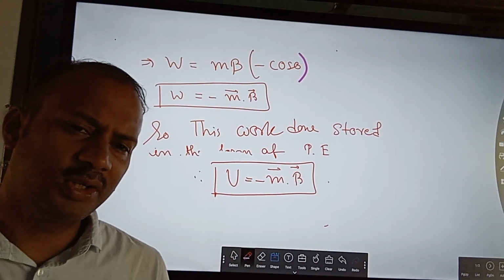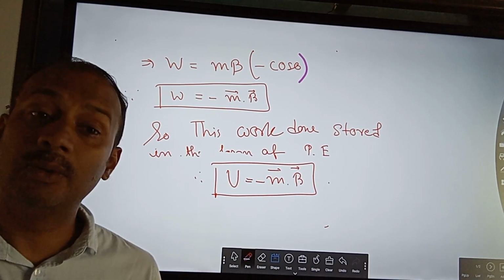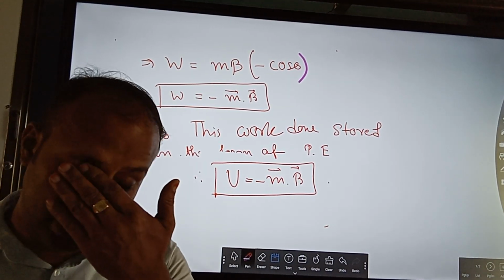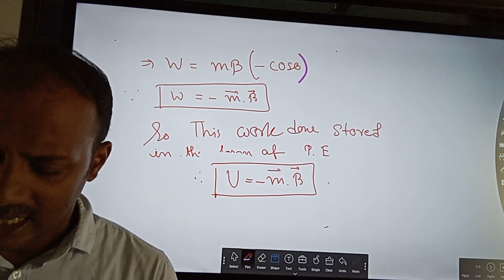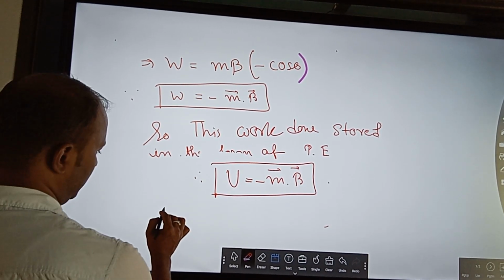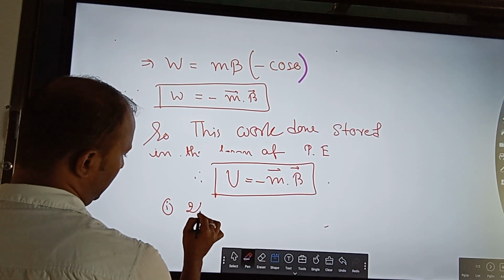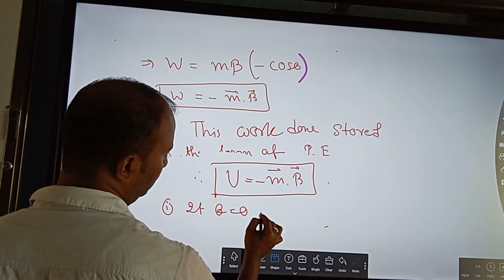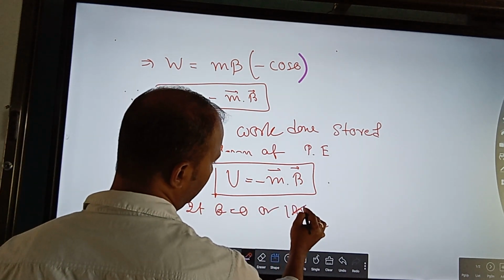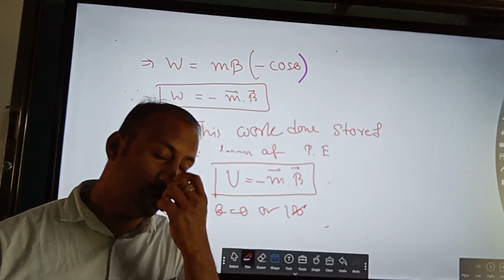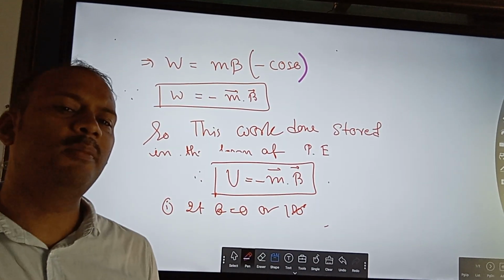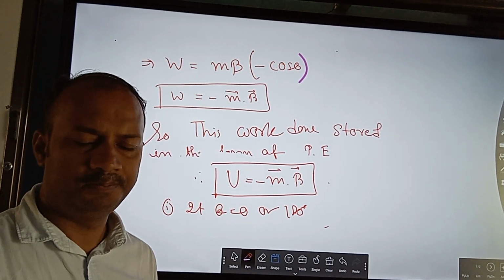Now there are also two conditions that apply to the angle theta: when the angle theta will be 0, and when the angle theta will be 180 degree. Number 1: if the angle theta is 0 or 180 degree, then what is the value of the potential energy U?